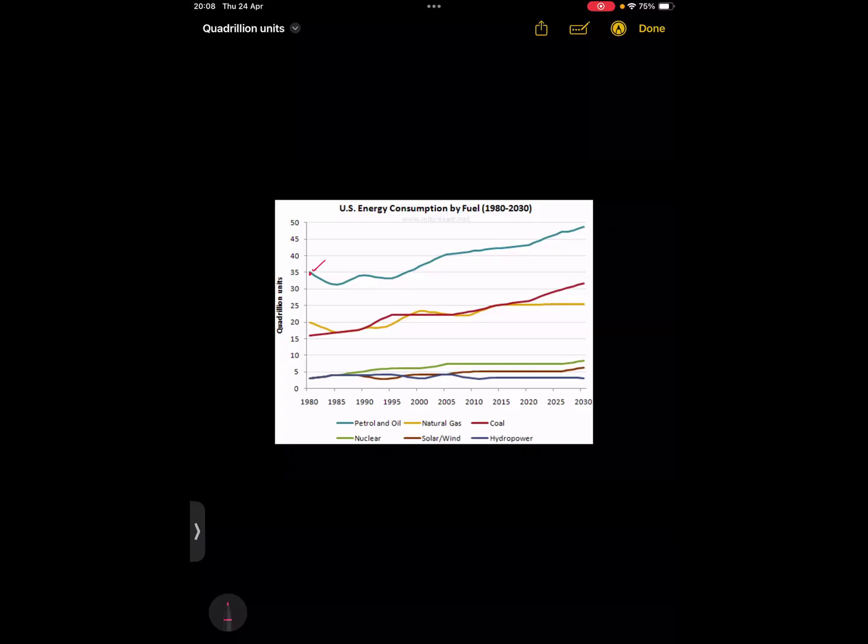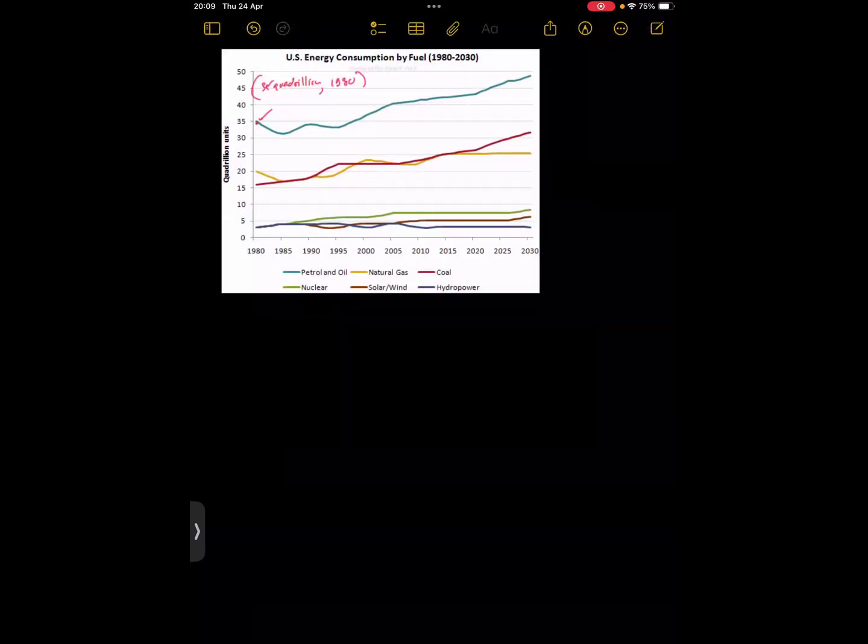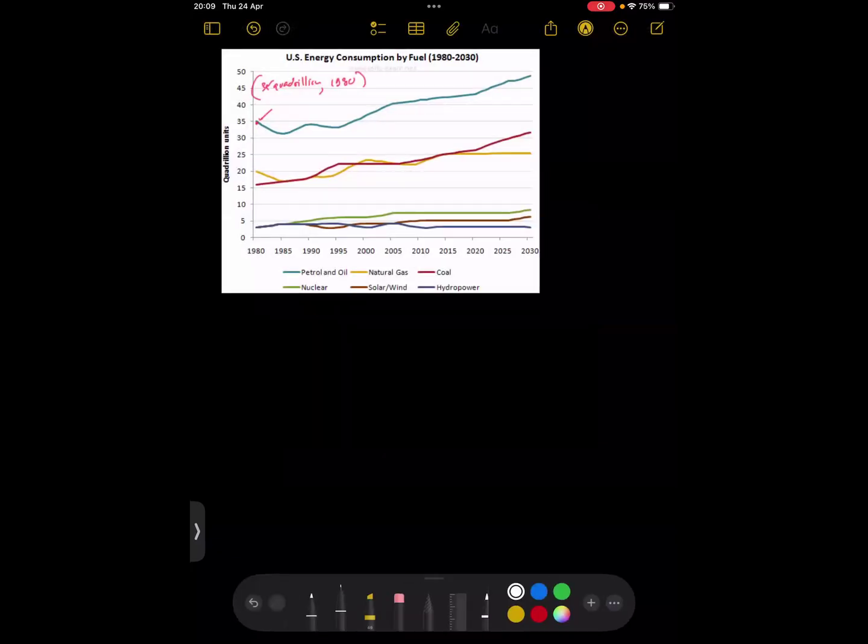So this coordinate is 35 quadrillion versus 1980. So 35 quadrillion, comma, 1980. So how can we explain this?